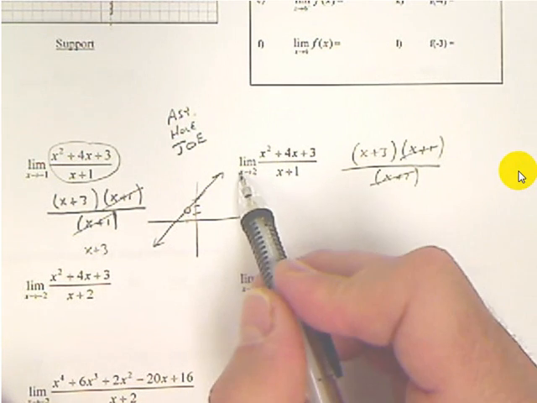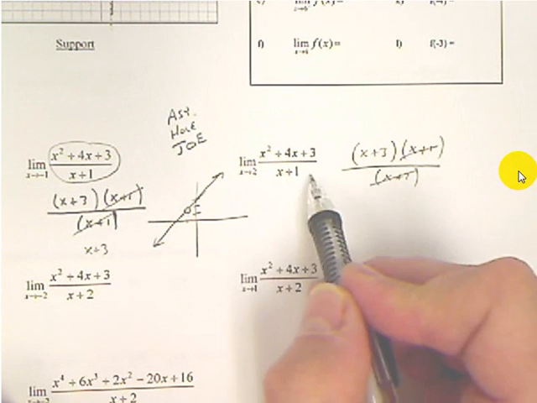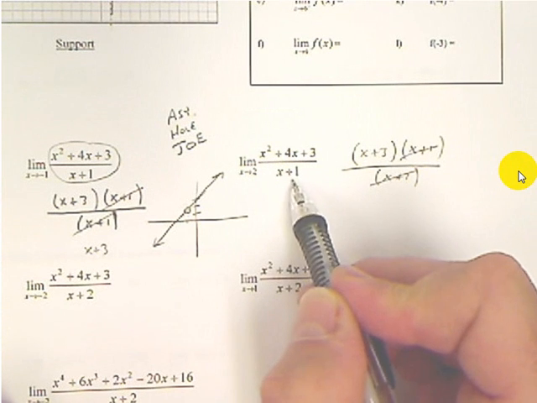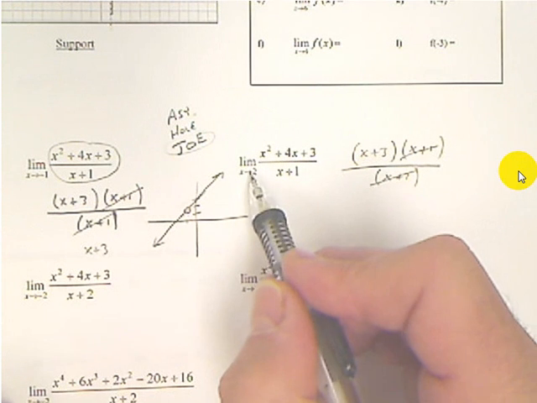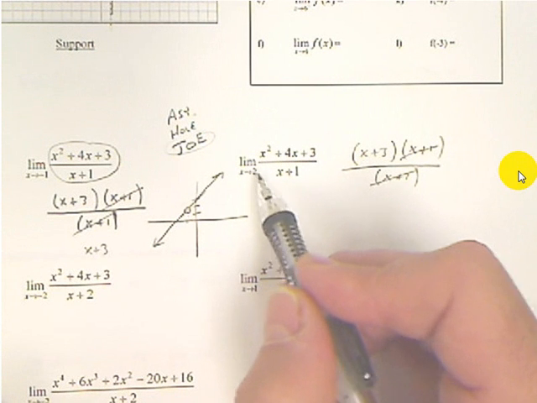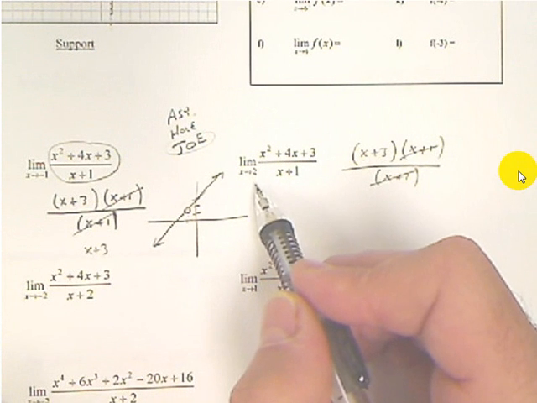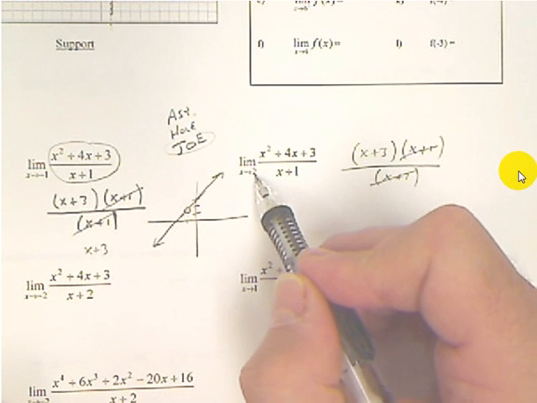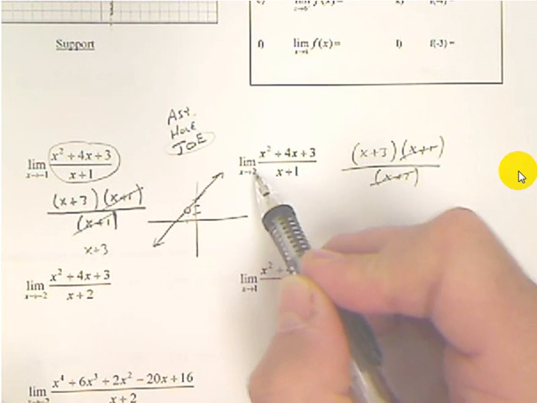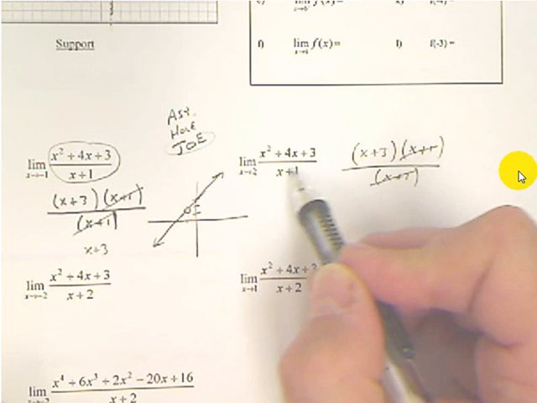But when you're asked to find the limit at a location that doesn't make the bottom 0, that just means it's an ordinary point. And the limits at ordinary points are just the y values of those points, of that place, I should say. So to find the limit at an ordinary location, you just plug 2 into the equation.